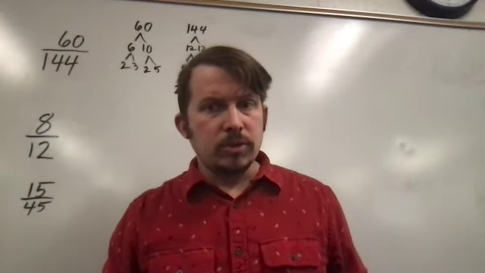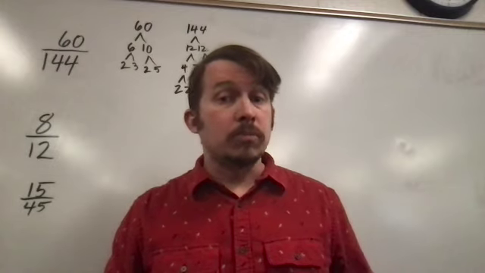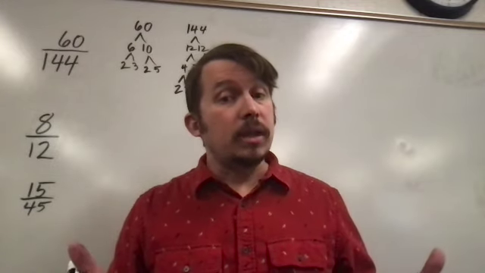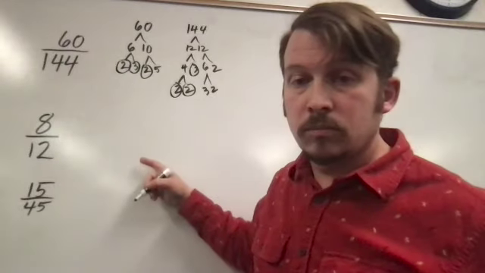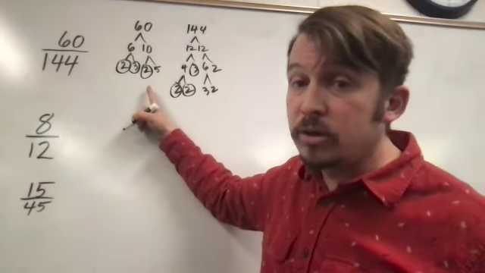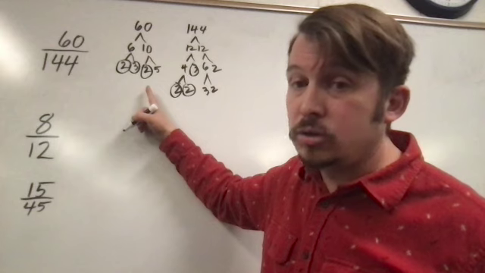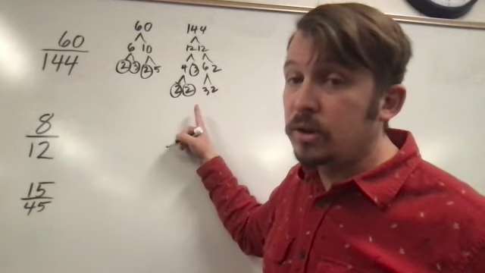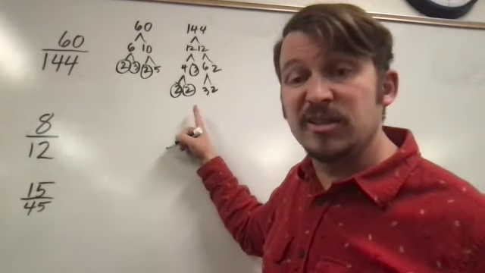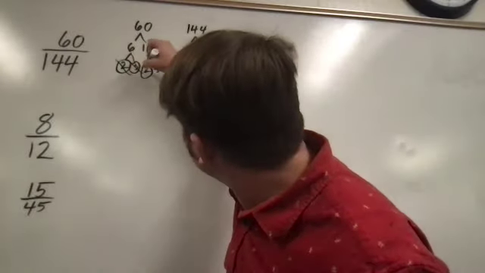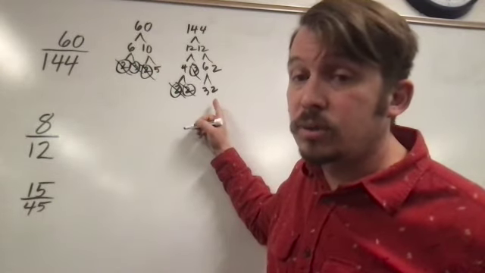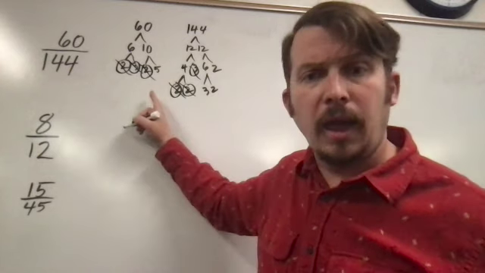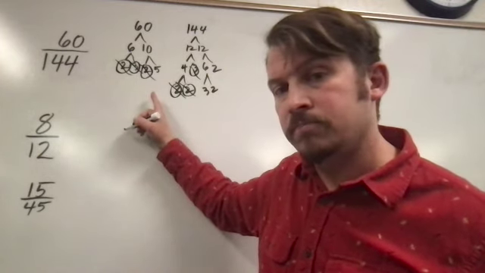But now we need to do something to reduce the fraction. Let's eliminate our common factors. Cha-ching! I've got a 2, a 3, and a 2 over here. I've got a 2 and a 2 and a 3 over here. Let's get rid of those. Now I've still got a 3, a 2, a 2, and a 5.